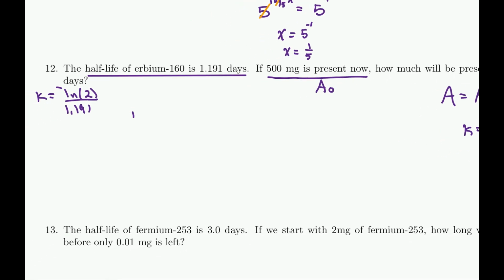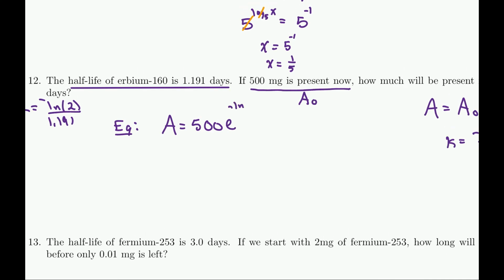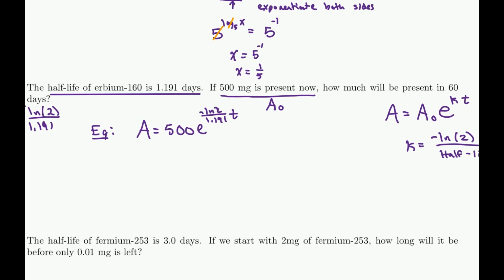The equation we're going to use is A equals A0, which should be 500, the starting amount, times e to the power of negative ln 2 over 1.191 times t. That's not the answer to the question, that's just the equation we use. Now the question is, how much will be present in 60 days?